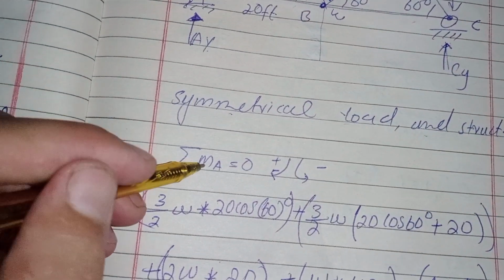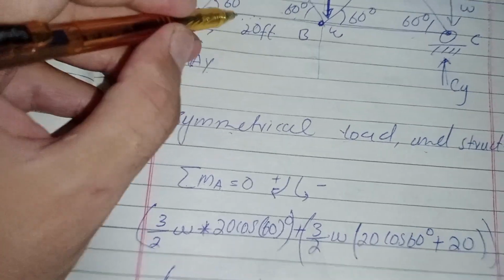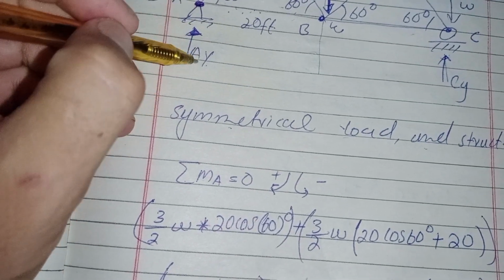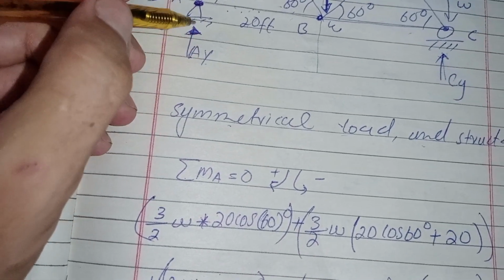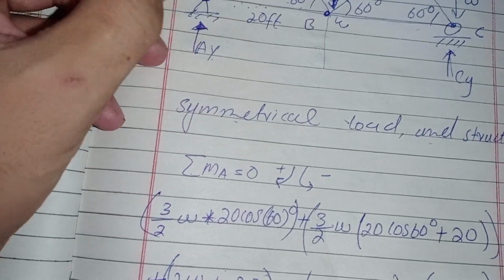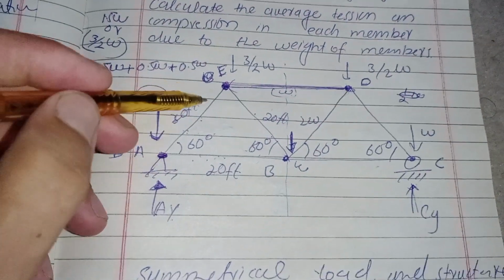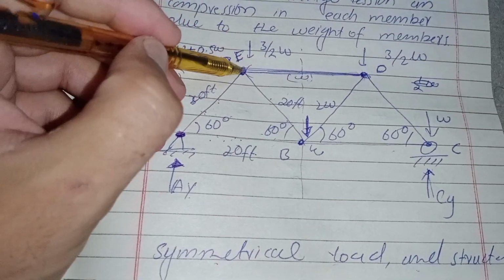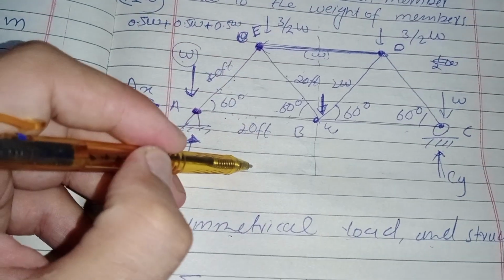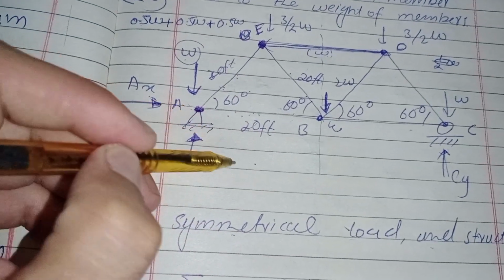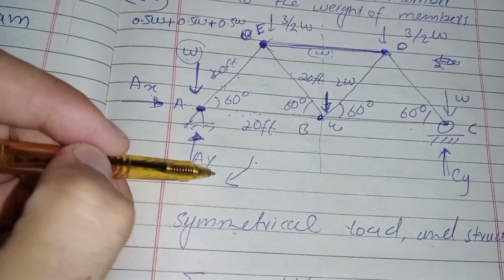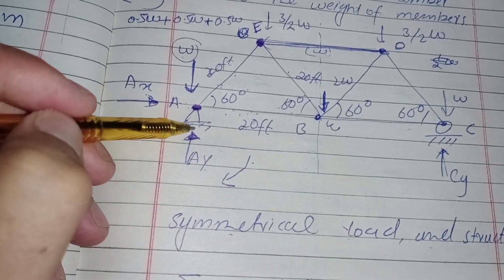So summation of moments at point A equals 0. The first moment is at point E, which makes a moment about the fixed point A and produces anti-clockwise rotation.